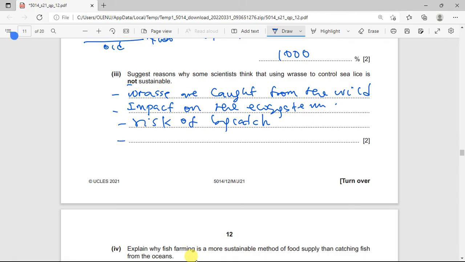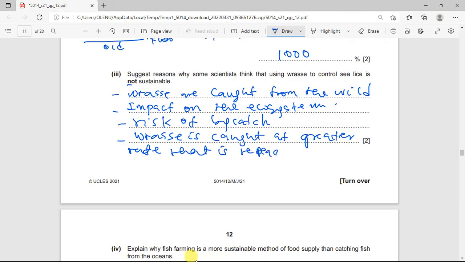So another major risk is that if you look at the text, the wrasse is caught at greater rate than is replaced. So that's a very big problem.